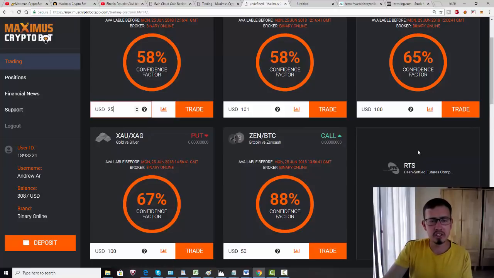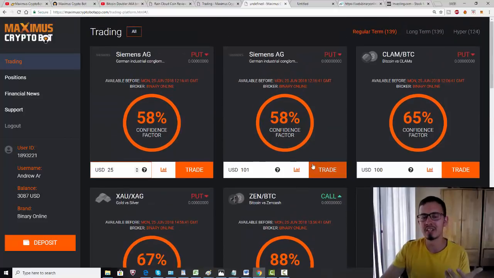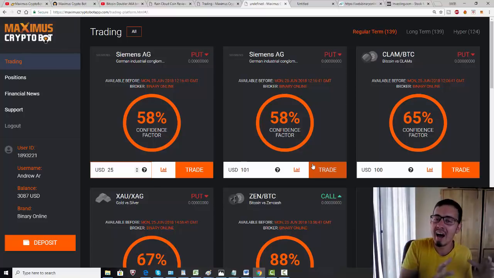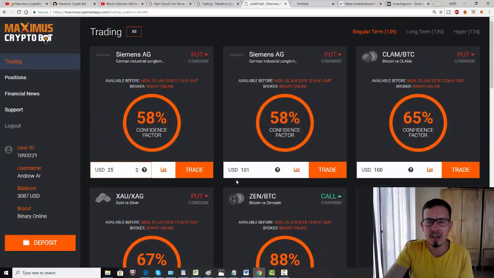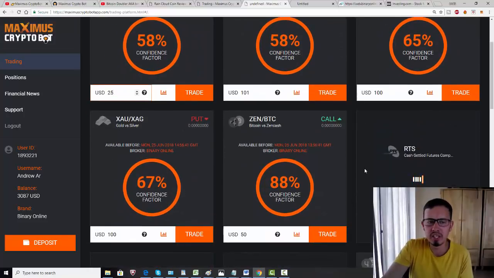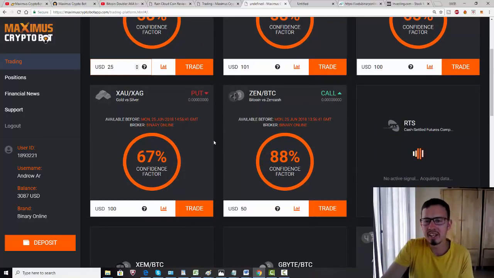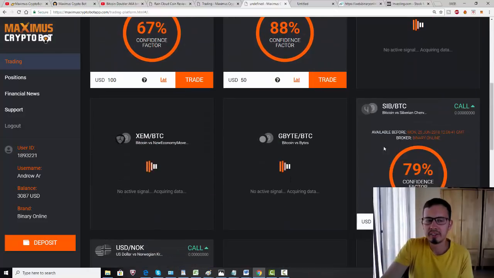So this is the new software which looks like this. From now on they also focus on more assets to trade. As you can see here, we have a lot of assets, and it's really interesting. We have Siemens, we have gold against silver.